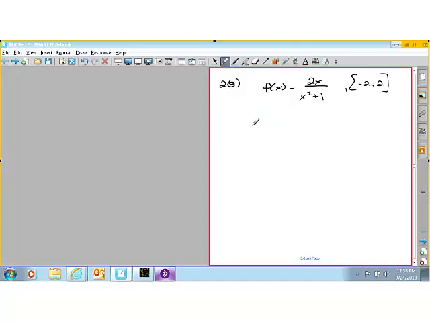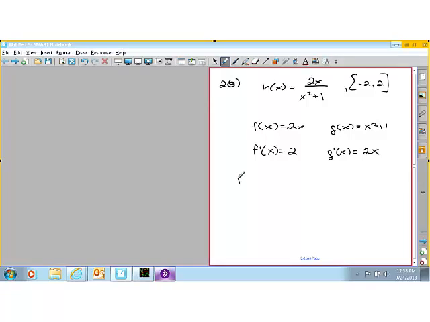So we take the derivative, and we're going to use the quotient rule. So we're just going to call that h of x. We're going to let f of x be the numerator, g of x be the denominator, take the derivatives of each part of the quotient, and we get that.